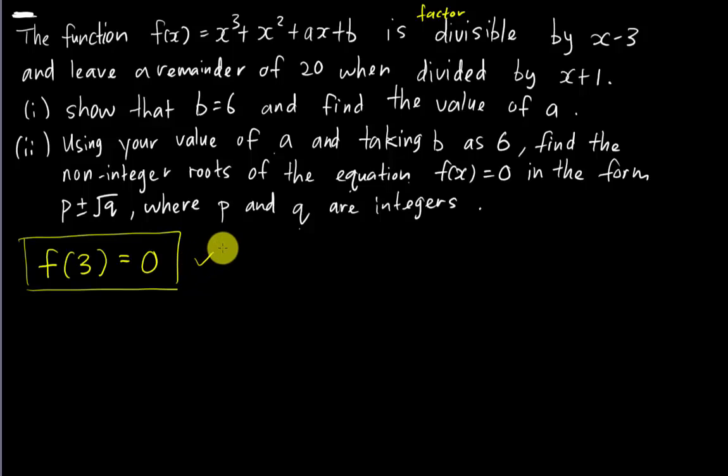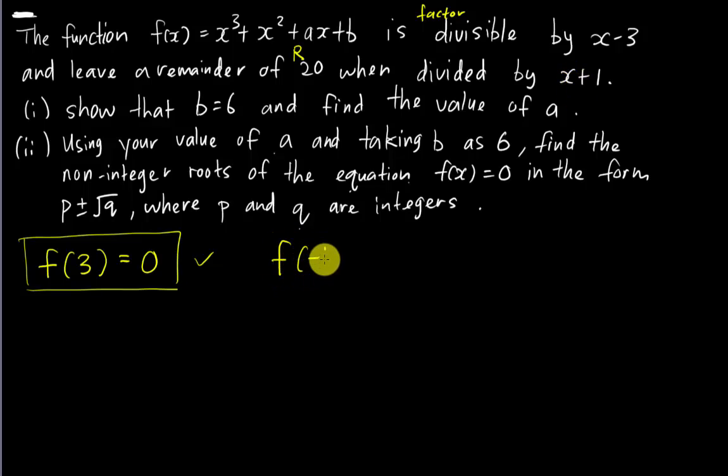Make sure you write it. Then the question will say and leave the remainder of 20. That means I know 20, this one is r, when divided by x plus 1. So I want to make the divisor over here become 0. I will need to substitute the negative 1 into my x here. Then I will write something like this.